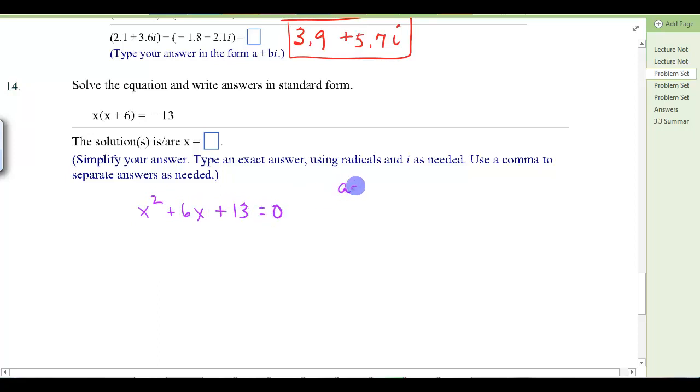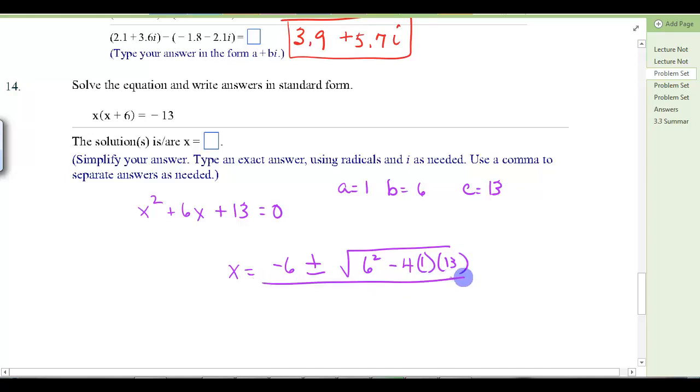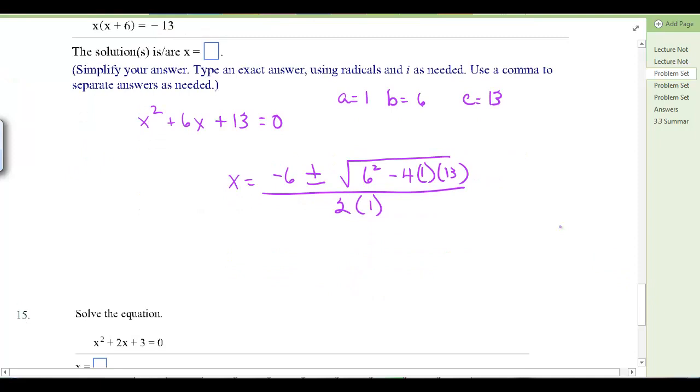Now it's okay to say a is 1, b is 6, c is 13. We're going to do our quadratic equation. So x equals -6 plus or minus square root of 6 squared minus 4 times 1 times 13 all over 2 times 1. We'll clean that up.